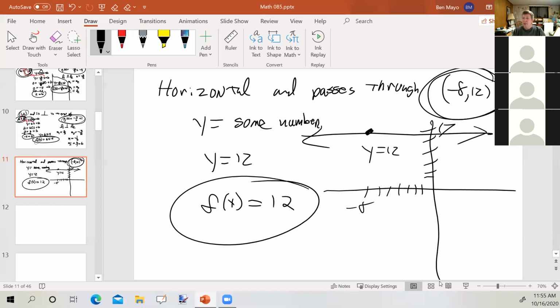An equation of a line y equals a constant is a horizontal line. An equation of a line x equals a constant is a vertical line. And two more pieces of information. The slope of a horizontal line is 0 because you're going up or down 0 as you go over to the right, and 0 divided by a non-zero number is 0.